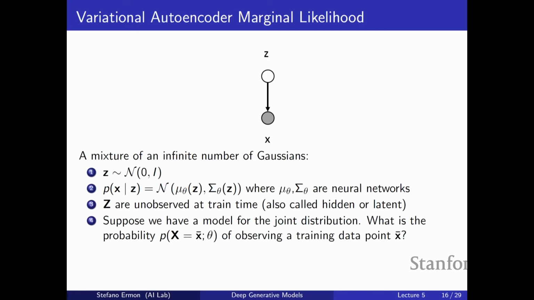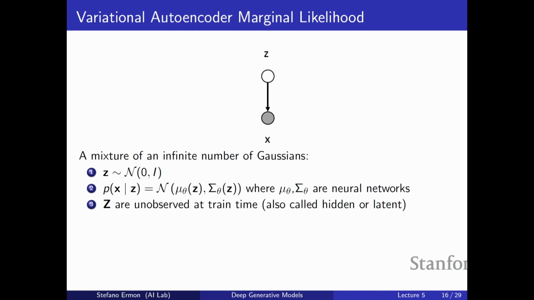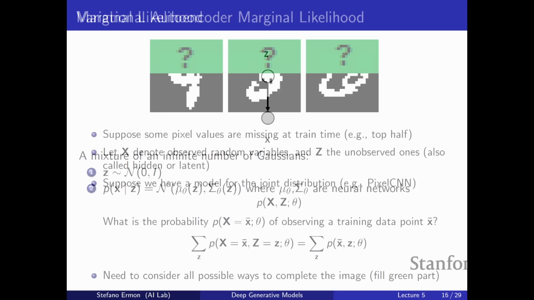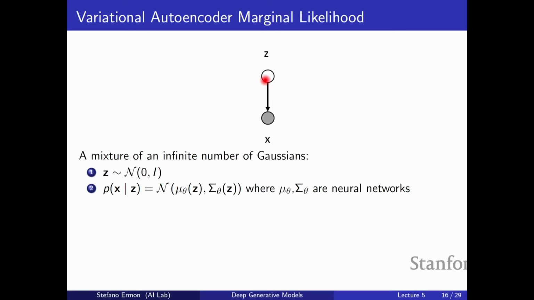Like for each z, would I just calculate the probability of x and z? Yeah, for every z you can evaluate the joint p of x comma z. I map z through the neural networks, I get a Gaussian, and I can evaluate the probabilities.